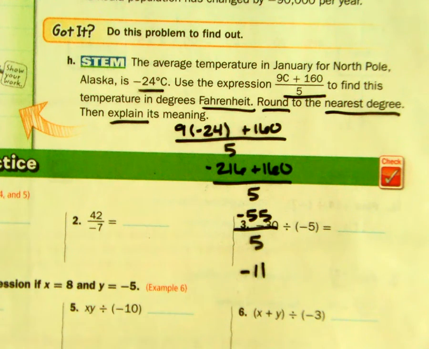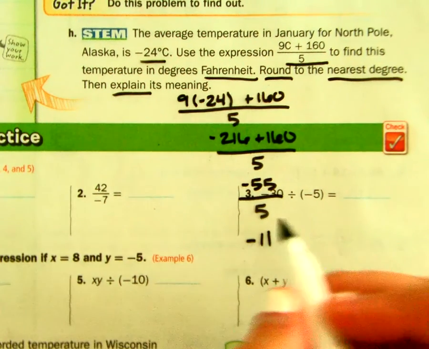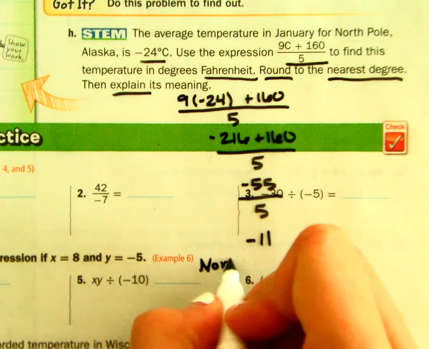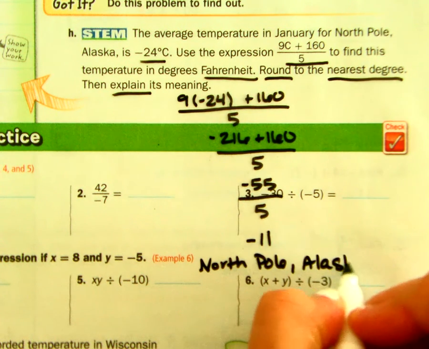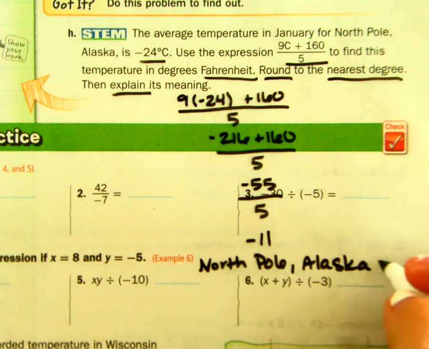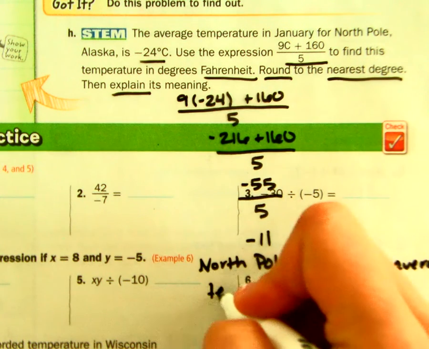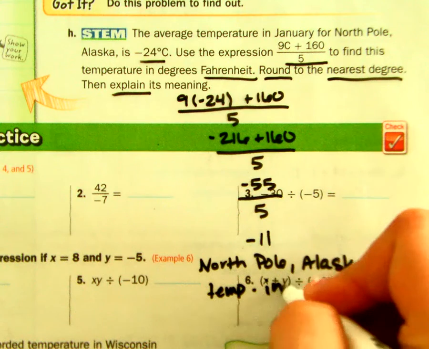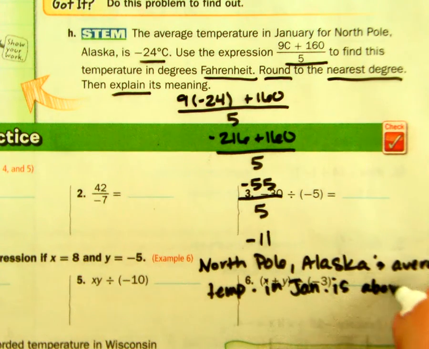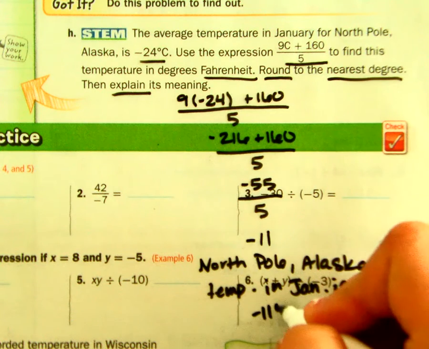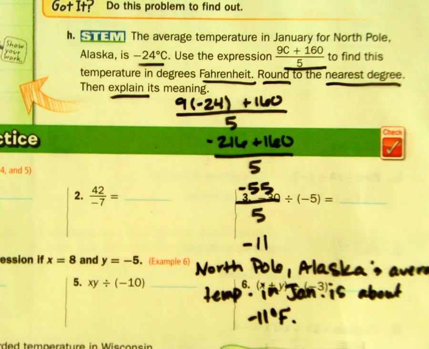This negative 11 means that North Pole, Alaska's average temperature in January is about negative 11 degrees Fahrenheit. So again, our dividing rules are the same as our multiplying rules. Same signs, positive, opposite signs, negative.